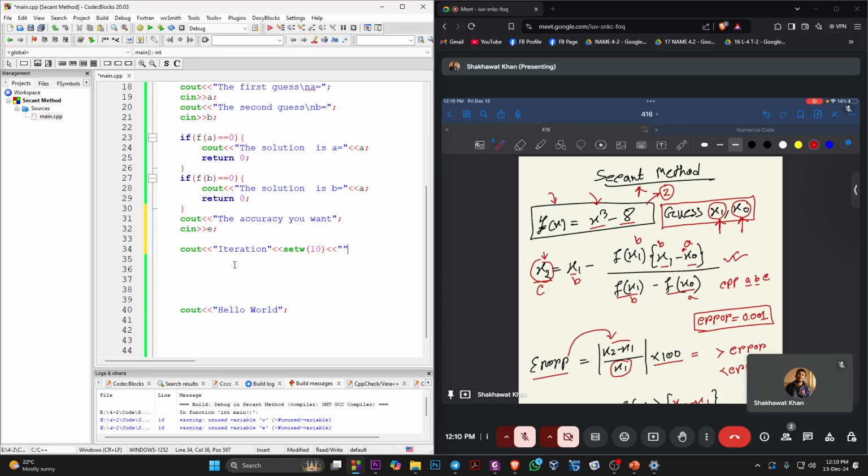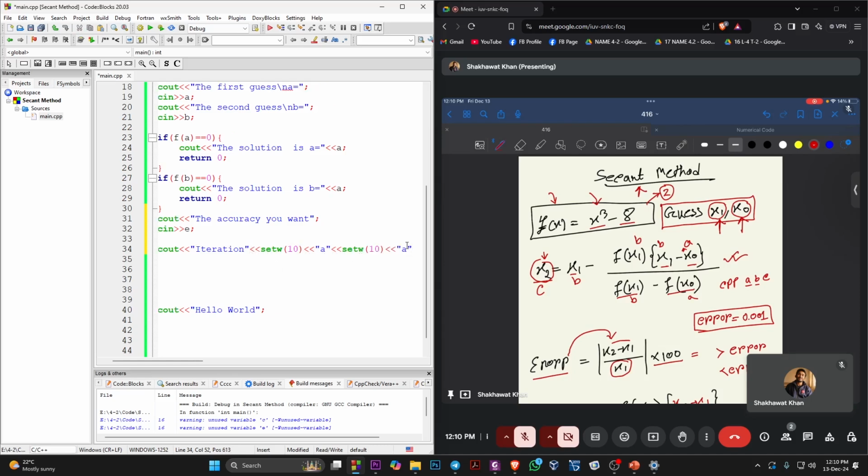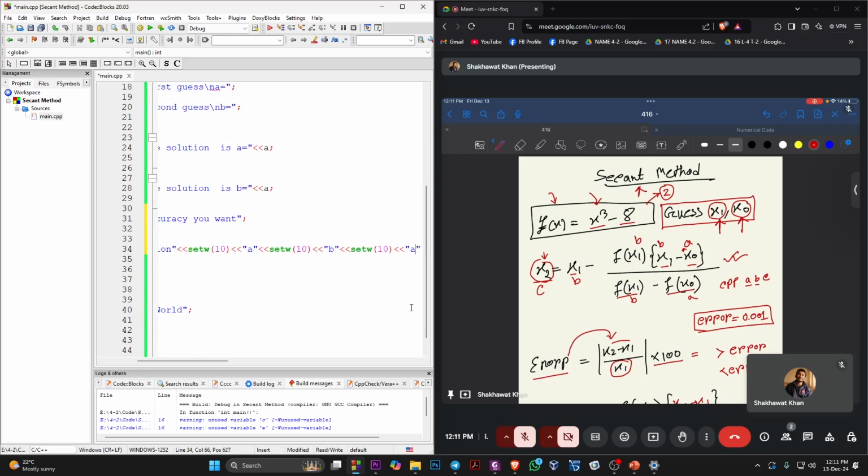Show my chart, and that would show my A value, B value, C value, and also f of C value.